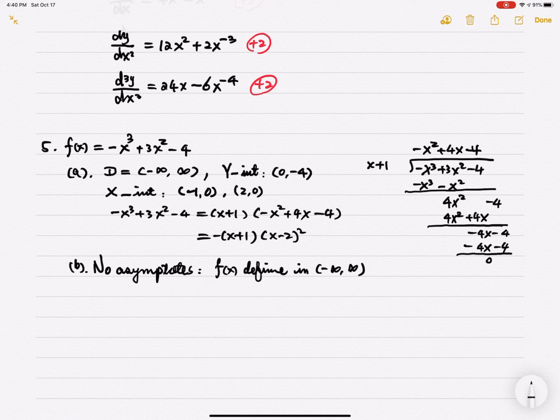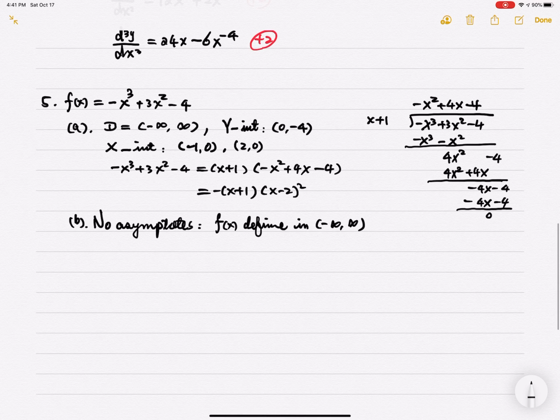Which means there's no vertical asymptote, because a vertical asymptote is when x approaches a finite value and the function goes to infinity.